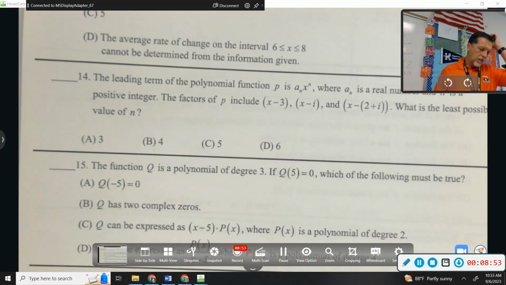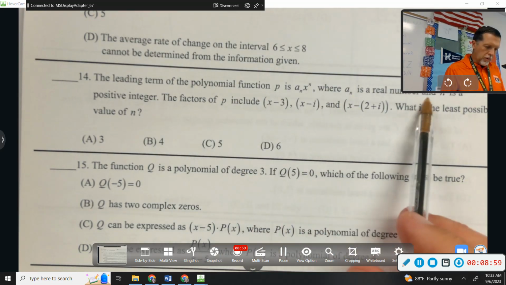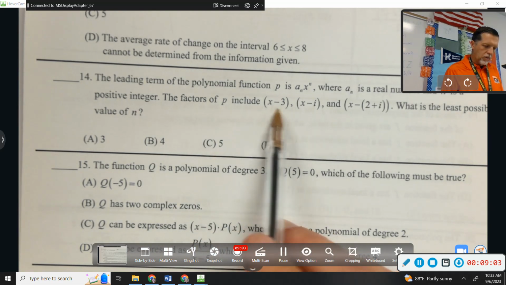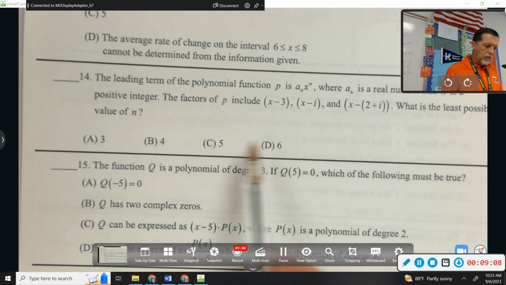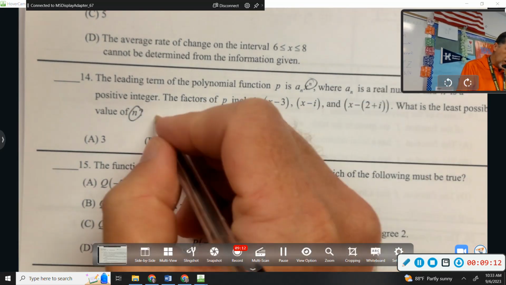Number 14. Lead terms again. A is a real number and n is a positive integer. The factors of P include x minus 3, x minus i, x minus 2 plus i. What is the least possible value of n? Okay, well, n is the degree.